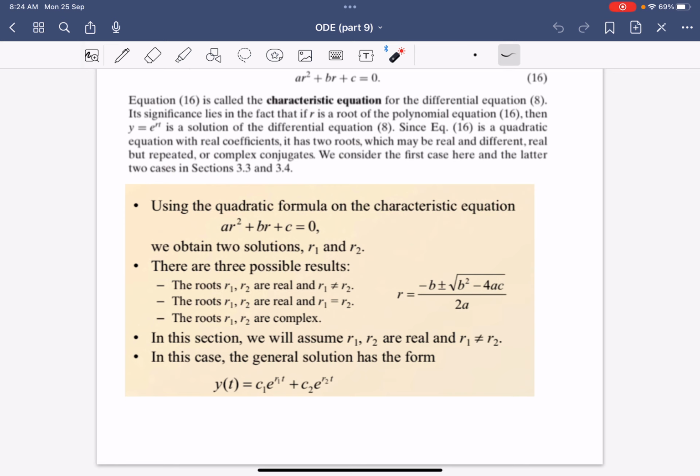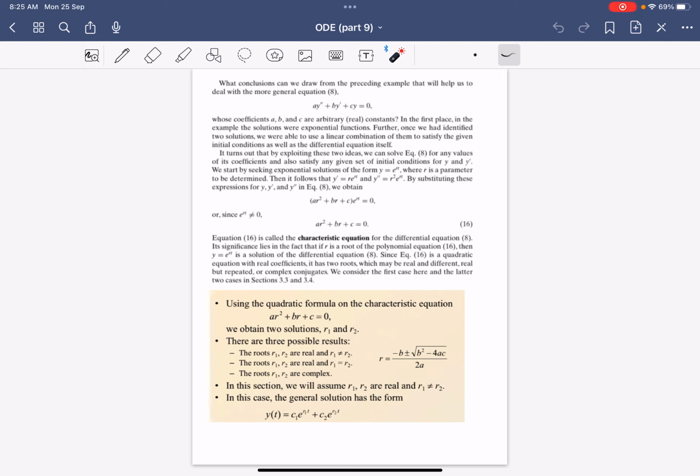If we look at the first case, assuming they are real and distinct, the general form will be C1 e to the power r1t plus C2 e to the power r2t. This is how we solve a second order linear homogeneous differential equation.